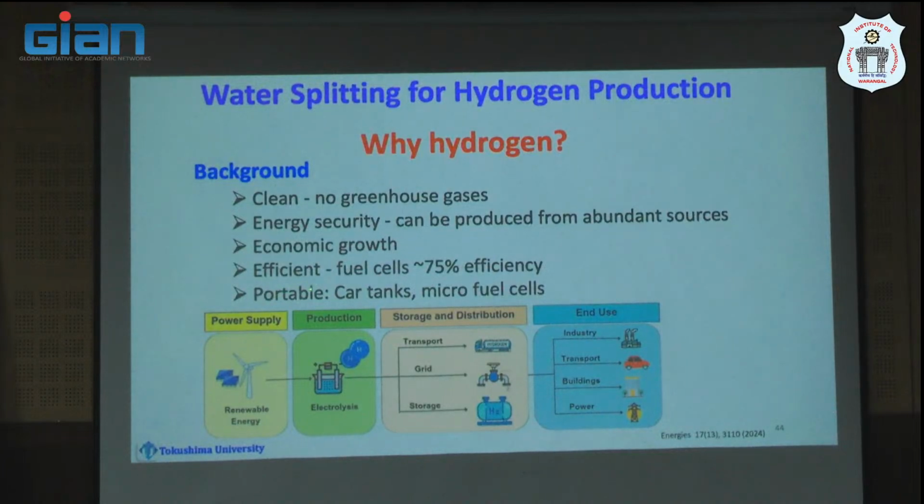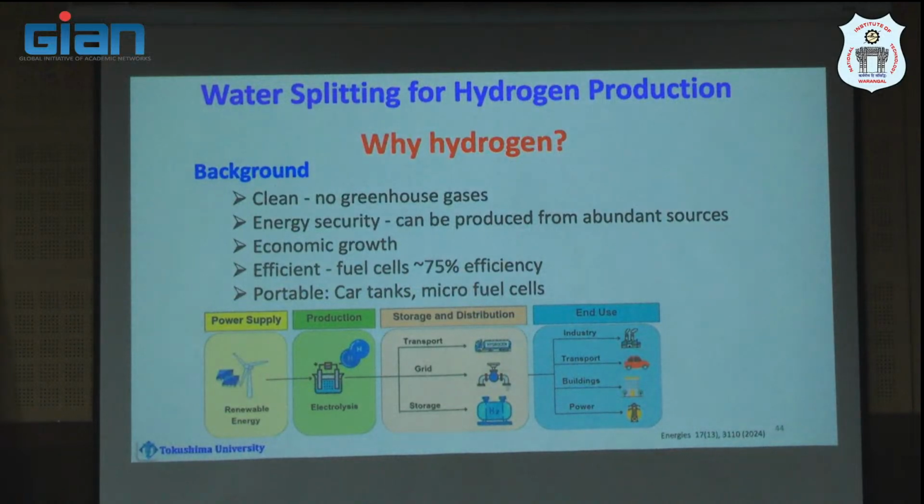And this is efficient. It can show an efficiency of about 75%. Portable: when you want to create hydrogen, it can be created with a portable instrument that you can easily carry.